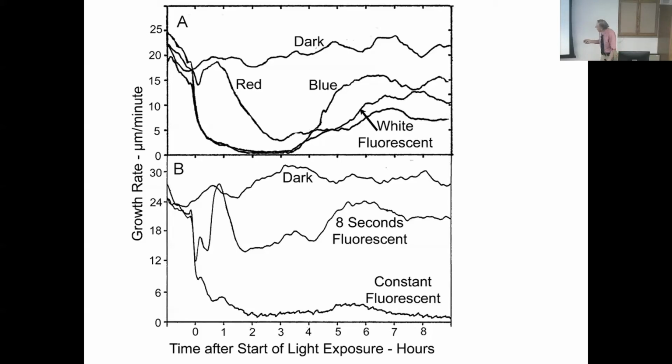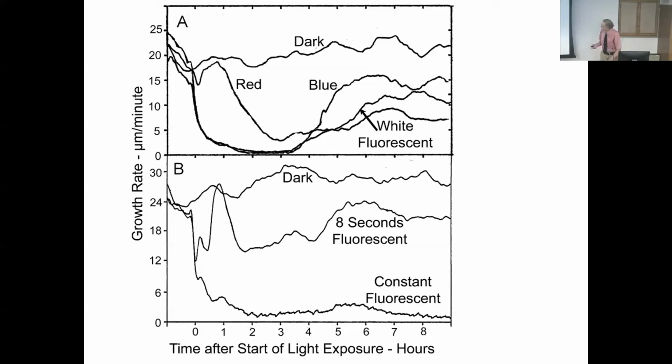And then following about 3 or 4 hours, the growth rate recovers to certainly a lower rate than the dark, but it does have some recovery after going with blue and white light almost down to 0 for a couple of hours. Now, what is interesting is what happens if you give the seedlings a pulse of light.